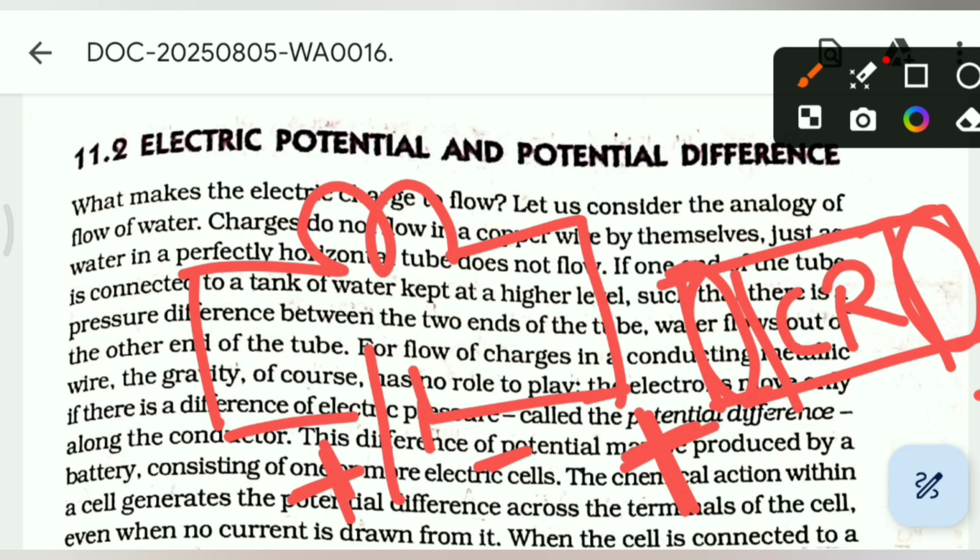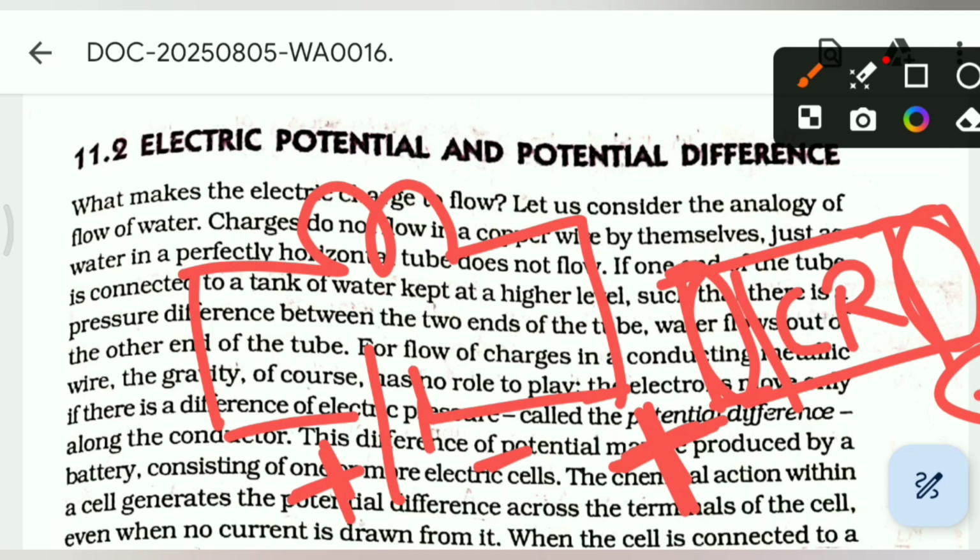The metal plate which has lots of electrons is indicated as the negative terminal, and the plate which has lots of protons is termed the positive terminal.